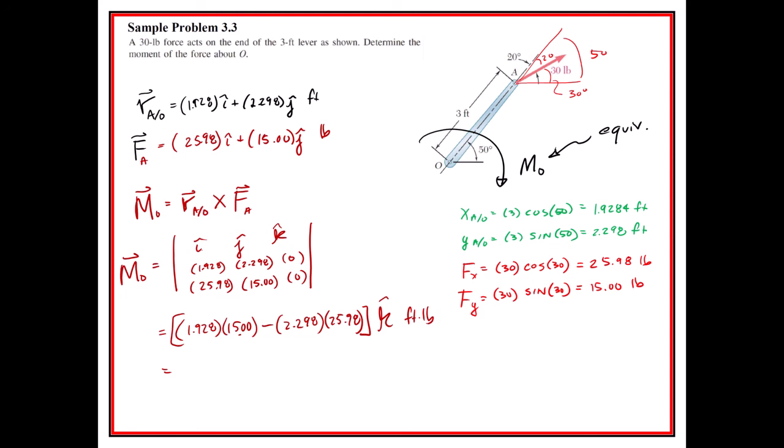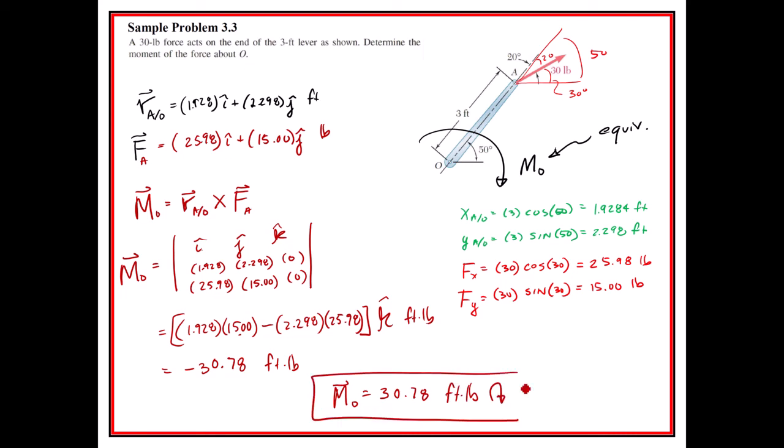And then 2.298 times 25.98, boom, that's 59.7, and we subtract one from the other, and we get a negative 30.78 foot-pounds, which means that MO is equal to 30.78 foot-pounds, but clockwise, because this is an equivalent moment, it's not a reaction moment.